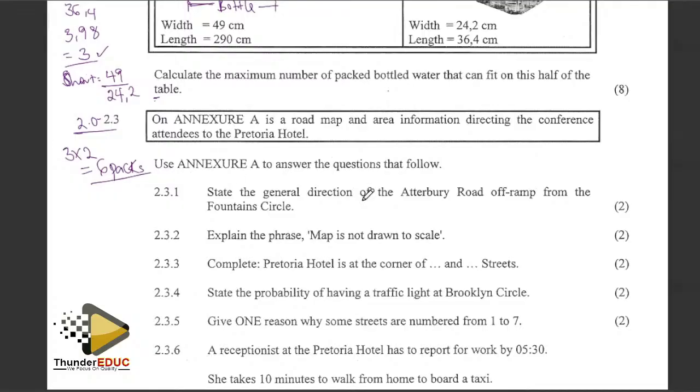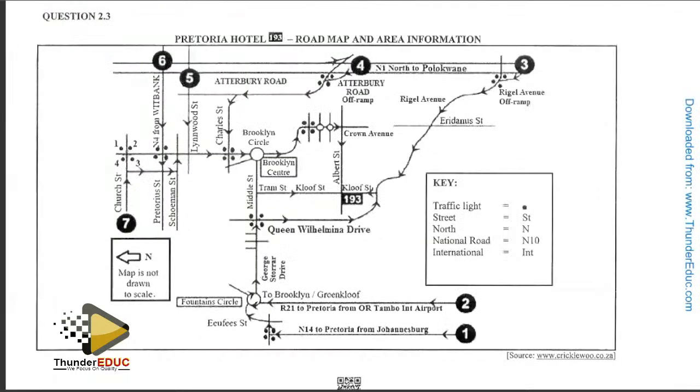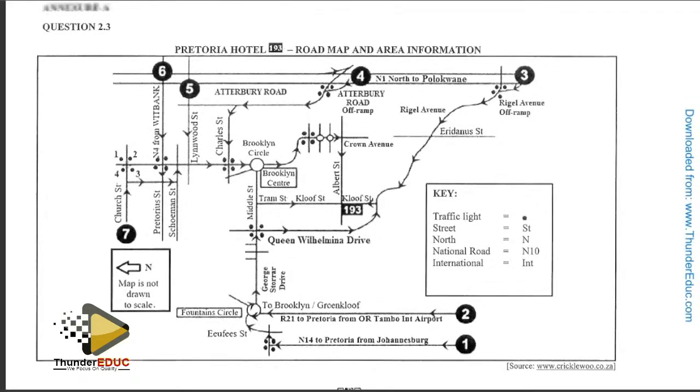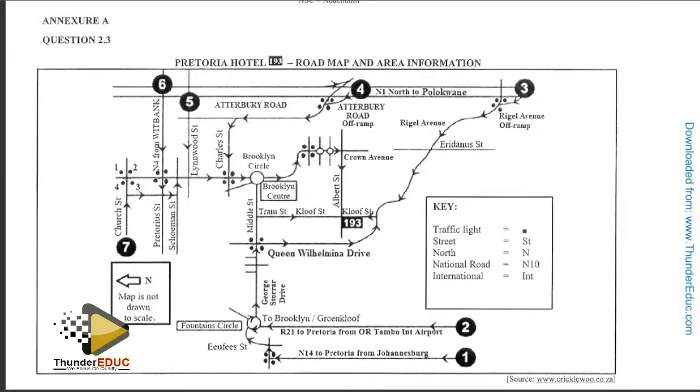State the general direction of Amber Road off ramp from the Fountain Circle. This is the off ramp here. Here we are. Then we are coming from this Fountain Circle here. What you have to take note of is that this side is the north.